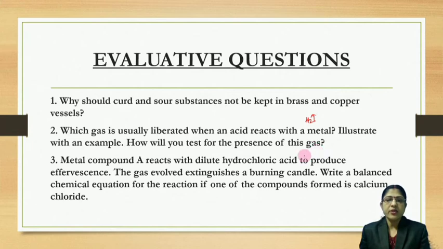Zinc granules are taken in a test tube and some dilute sulfuric acid is added. Instead of dilute sulfuric acid, you can also take dilute hydrochloric acid, zinc plus HCl. Then it forms the salt ZnCl2 plus H2. If you balance it, you will get 2 HCl. And this hydrogen gas can be tested with a burning matchstick.